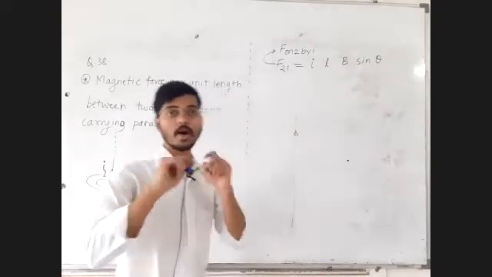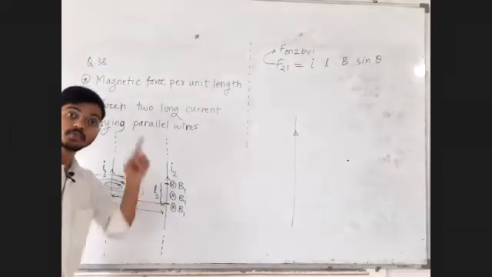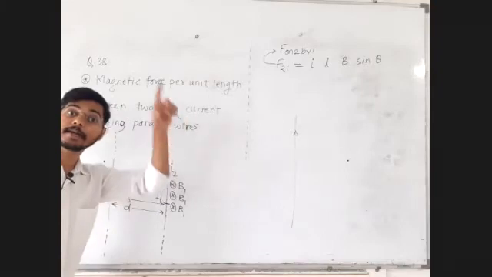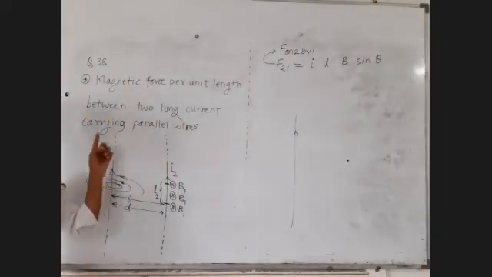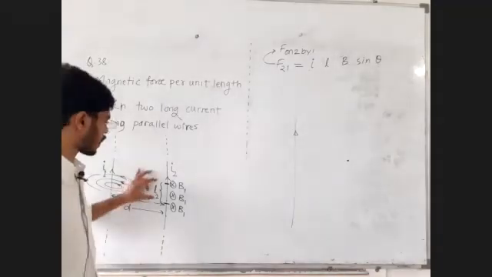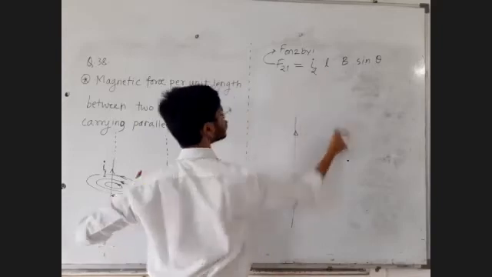Our second wire is a current carrying conductor which is placed in the magnetic field of first wire. So we have the second wire. Current in the second wire, I2.